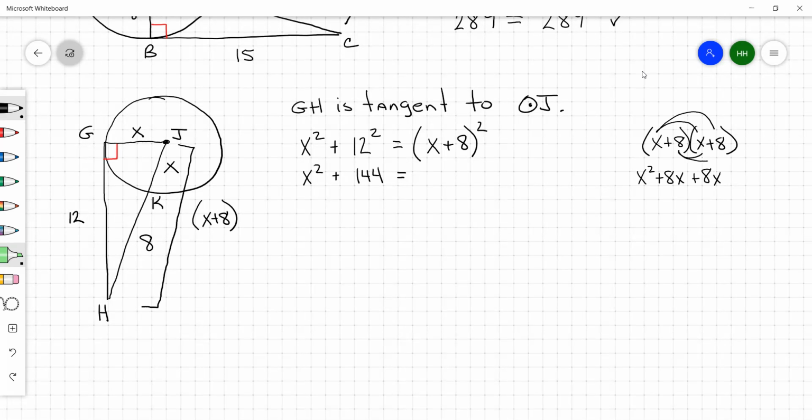And then 8 times 8, which is positive 64. And then you have to combine your like terms in the middle of this expression. So what you end up with is x squared plus 16x plus 64. And that's what goes on the right-hand side of this equal sign: x squared plus 16x plus 64.